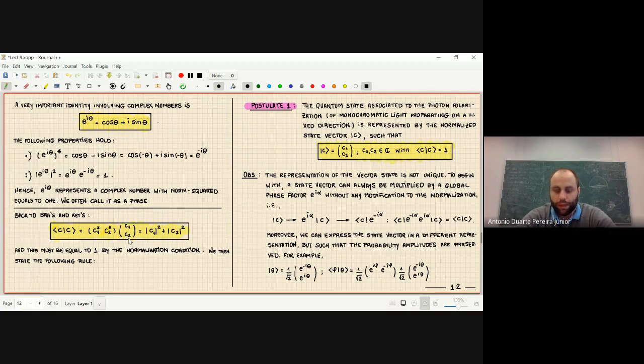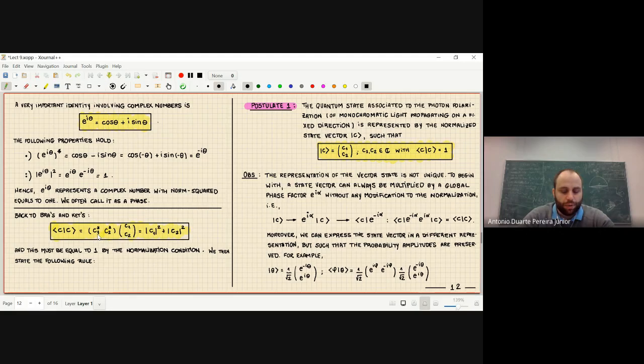If I take the scalar product between the bra C and the ket C, remember, in order to write down the bra associated to the ket C, I have to transpose the vector and take the complex conjugate. So the complex conjugate of C will be the row vector c1 star, c2 star, and the ket is just the column c1, c2.